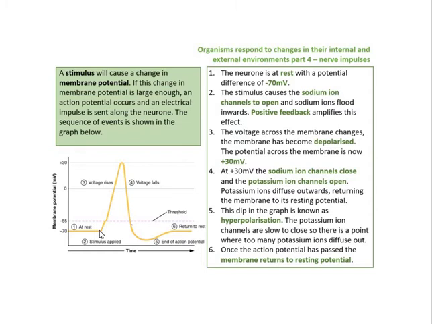That's when the sodium channels are open, so sodium rushes in. Then they're going to close, potassium channels are going to open, and potassium ions are going to diffuse outwards. That's going to lead to a repolarisation, and then it hyperpolarises because they stay open for a bit too long, and then it returns to rest again.